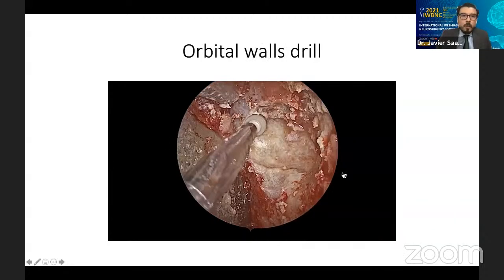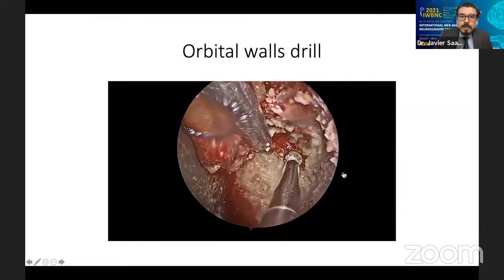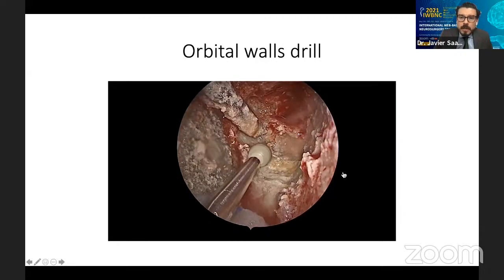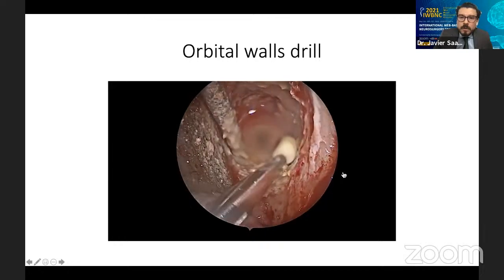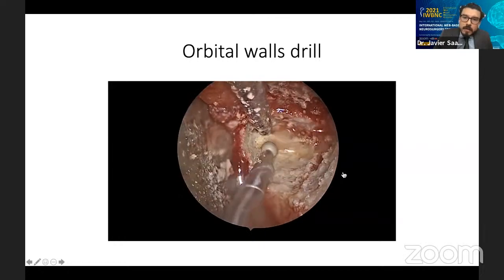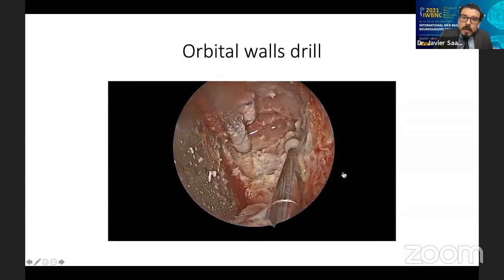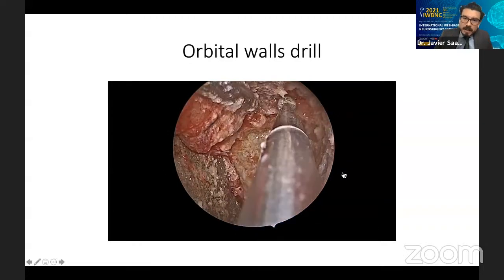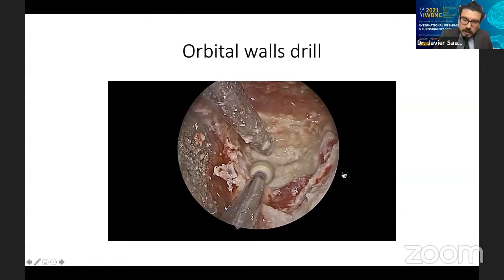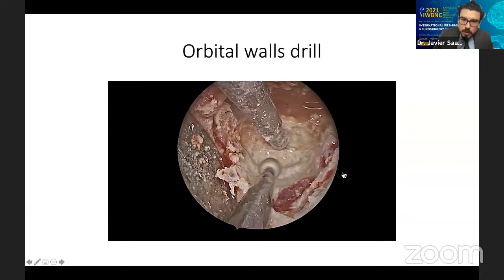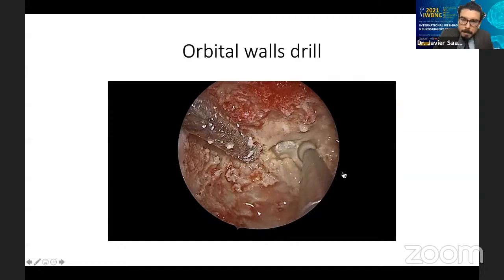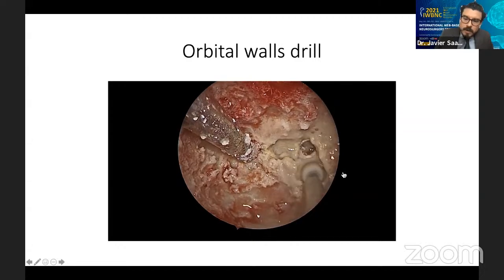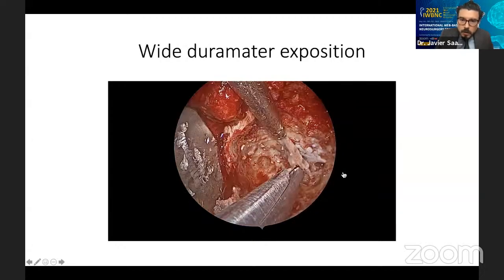Then you start drilling the orbital walls. You're drilling the superior wall, the zygomatic bone, and the sphenoid bone. Just keep in mind this patient has a very thick bone, since he has a plaque meningioma, so drilling is harder than usual.